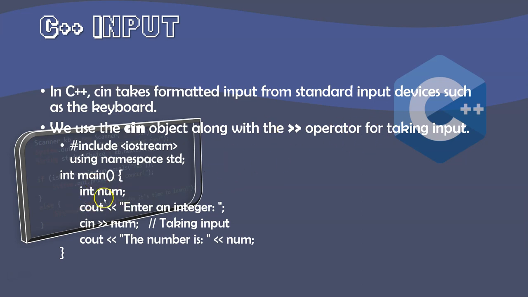Down here, we have int num, cout says "Enter an integer", and then we have cin, again with the double bracket, and num. Then we have a cout that says "The number is", and then we output num. Notice there is no endl here because we might want the cursor to stay right there. It's just another way that we can handle that output.